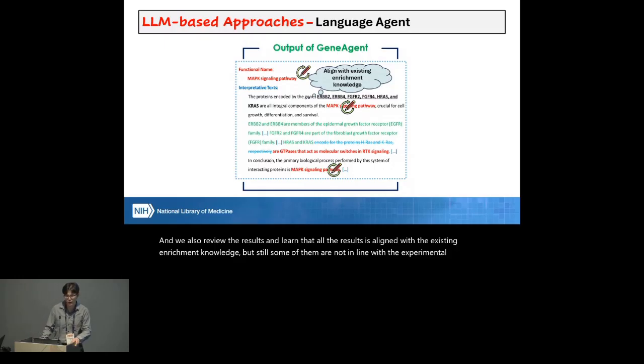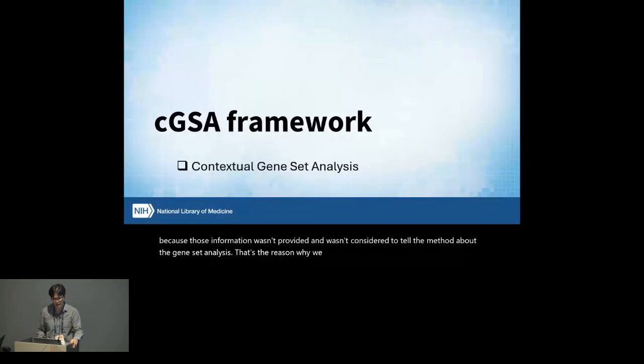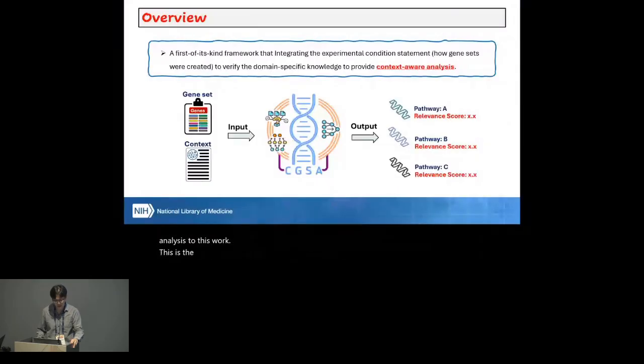That's the reason why we proposed the method contextual gene set analysis in this work. This is the first-of-its-kind framework that integrates the experimental condition or statement to tell how the gene set was generated, to verify the domain-specific knowledge and provide context-aware analysis.